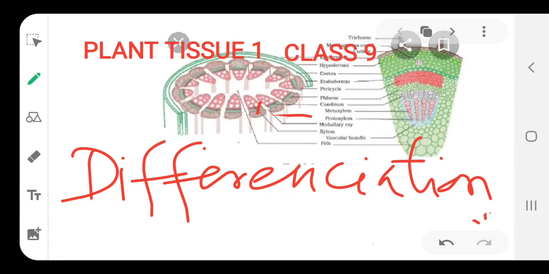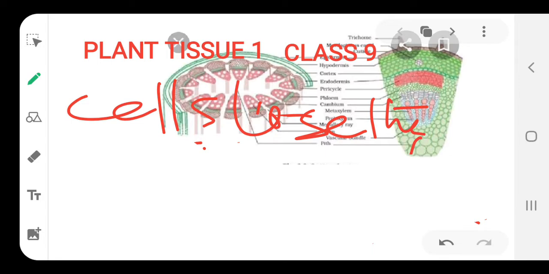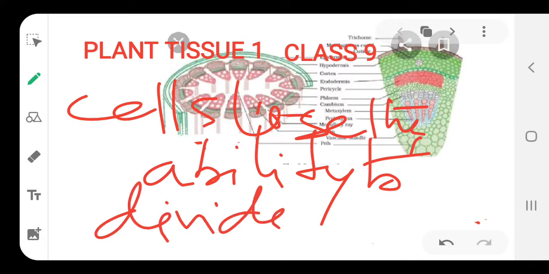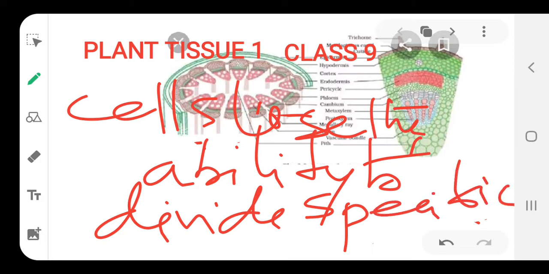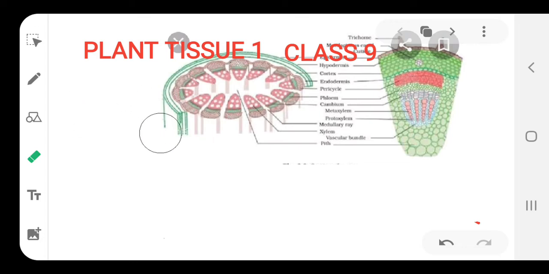It is the process by which the cell loses the ability to divide, acquires permanent shape and size, and starts performing specific functions.